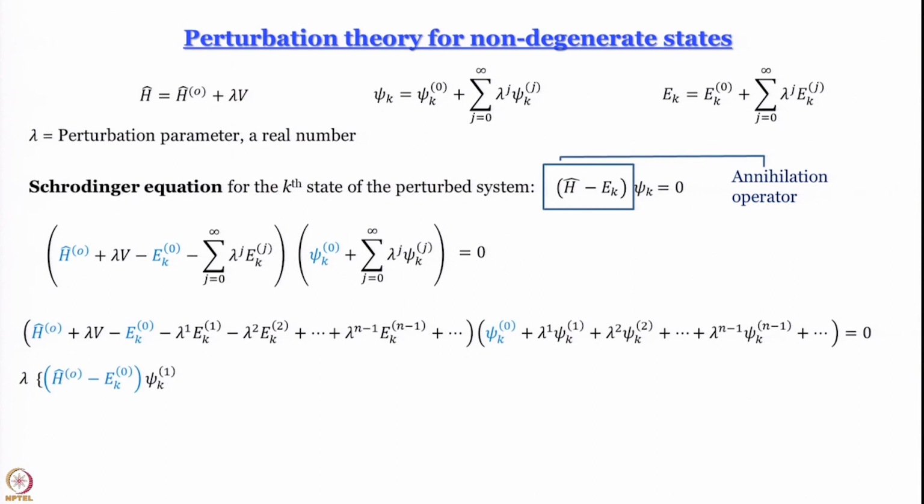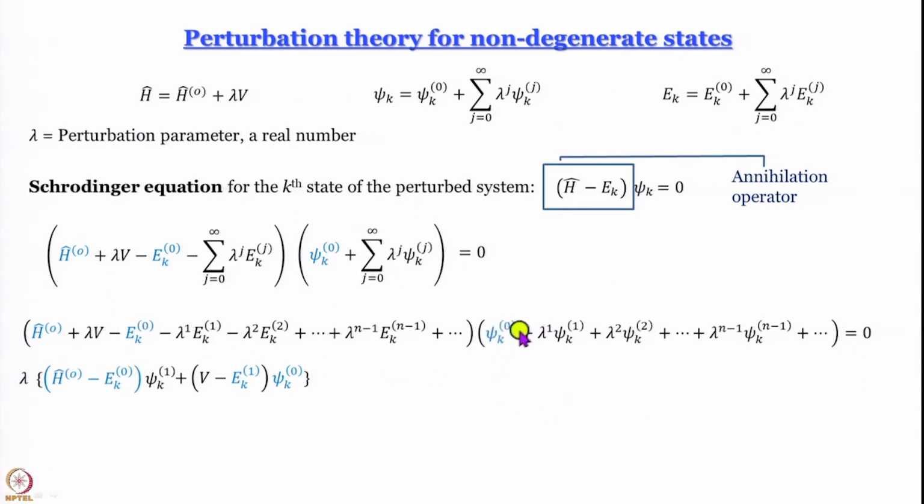Okay. But is there anything else in lambda? I have taken this, and I have written this 0th order Hamiltonian minus 0th order energy. Is there anything else that I should write? Yes, we have this 0th order wave function also, right.